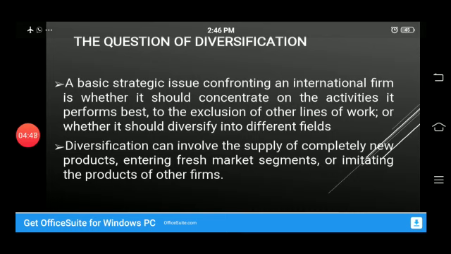Diversification can involve the supply of completely new products, entering fresh market segments, or imitating the products of other firms.